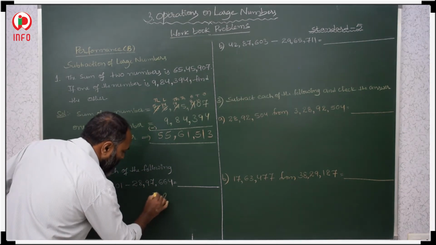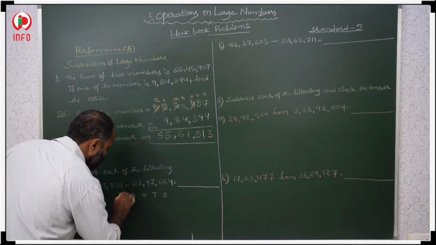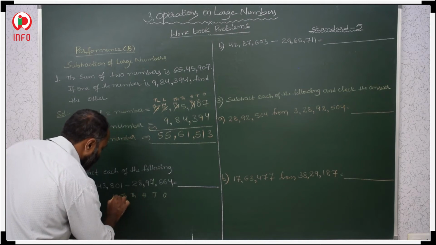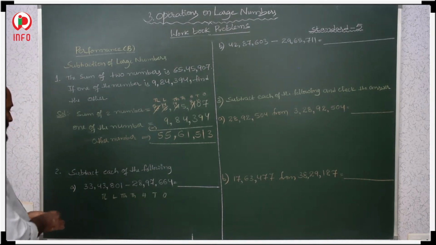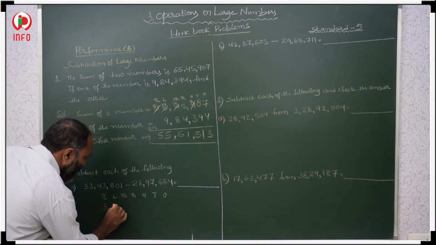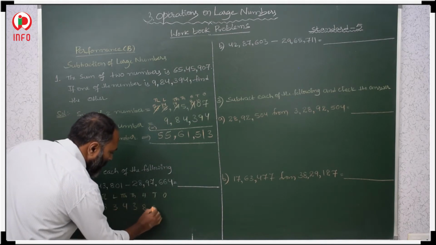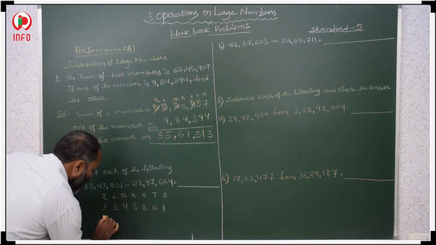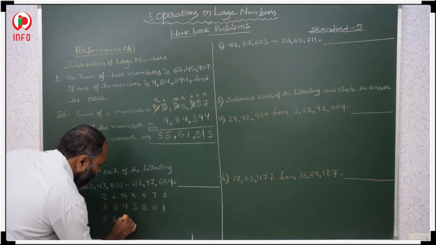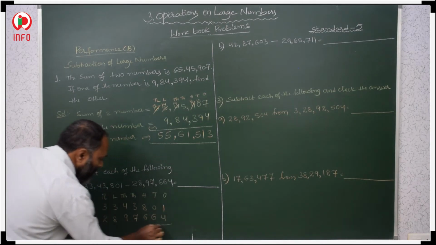Ones, tens, 100, 1000, 10,000, lakh, 10 lakh. Now 33 lakhs 43,801. Next 28 lakhs 97,664.